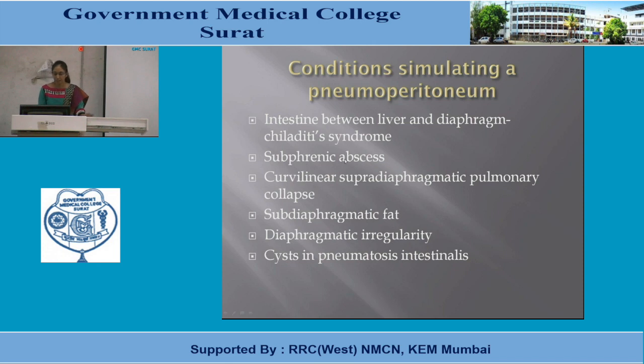Sometimes a subphrenic abscess gives the appearance of an air fluid level under the right dome of the diaphragm. Sometimes curvilinear supradiaphragmatic pulmonary collapse or subdiaphragmatic fat gives lucency, which can be confused with the air in pneumoperitoneum, or diaphragmatic irregularity or cyst in pneumatosis intestinalis.